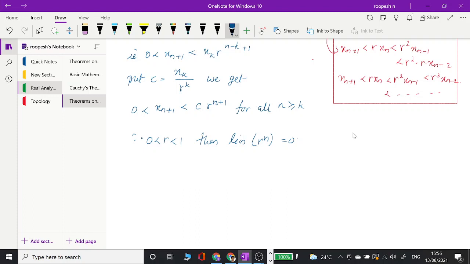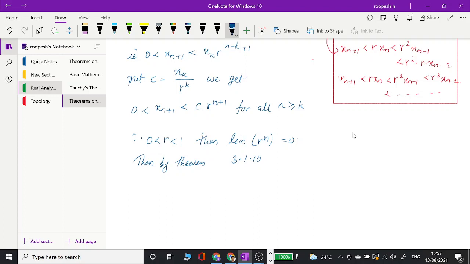Then we have theorem 3.1.10. What was that?